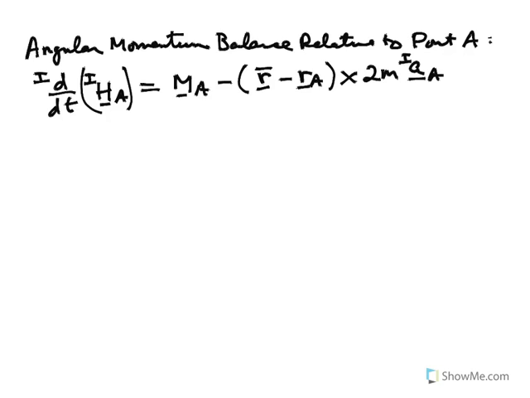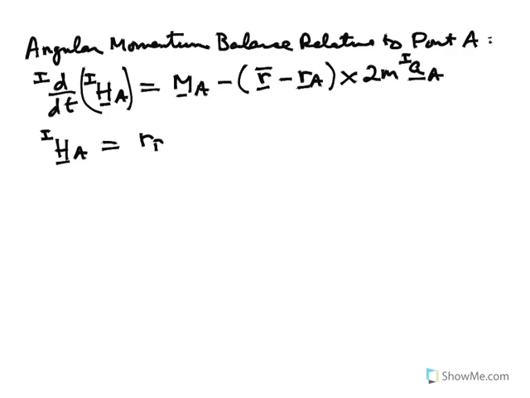So let's start by computing each piece individually, and then we'll substitute in the kinematic results when we're all done. HA is equal to, well, what's it equal to?